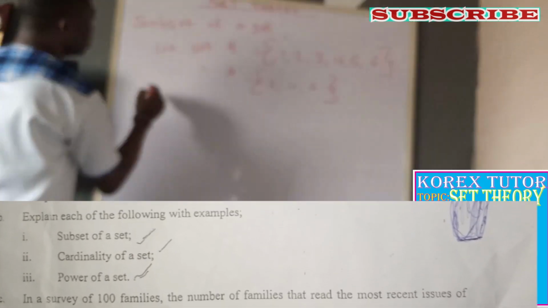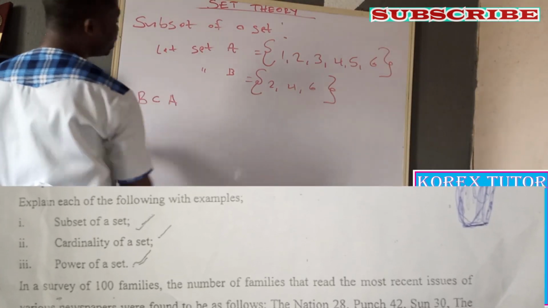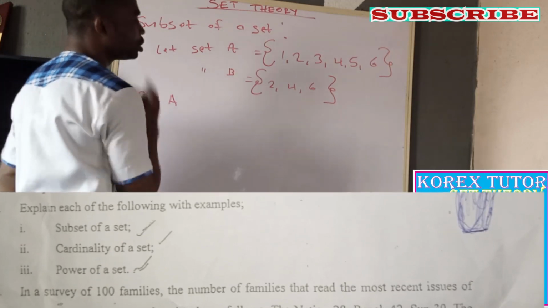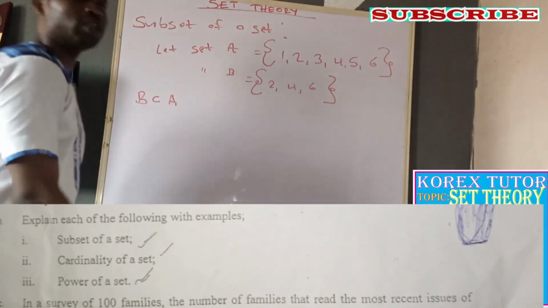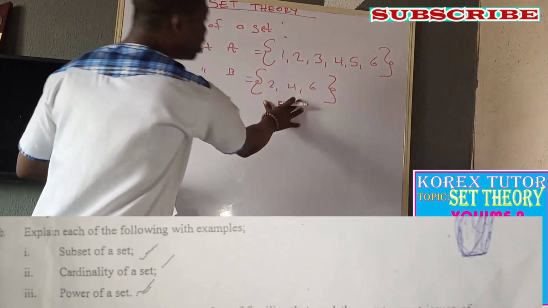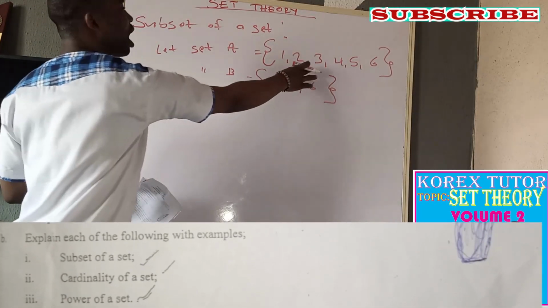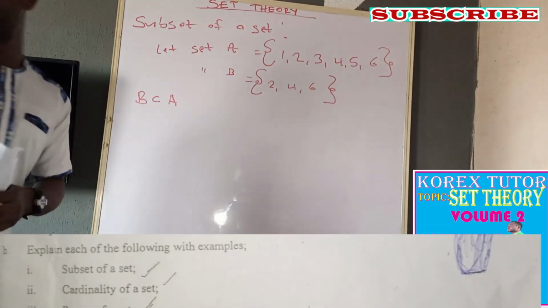So automatically set B is a subset of set A, because all the elements in set B can be found in set A. That's what they mean by subset of a set. All the elements in set B are gotten from set A.